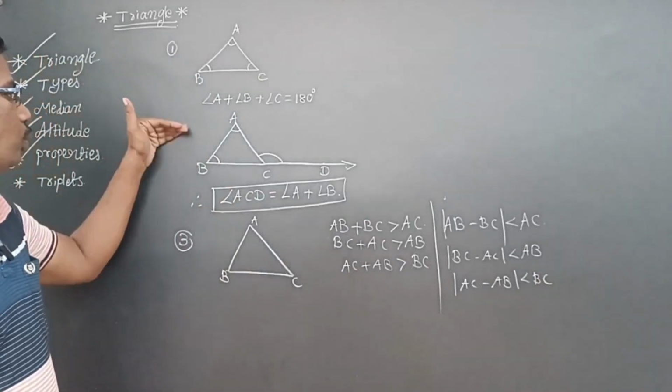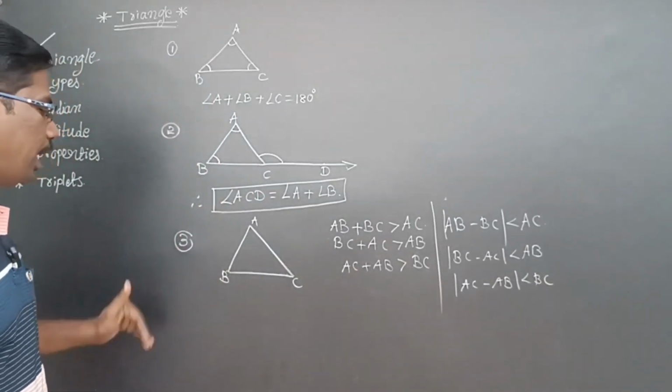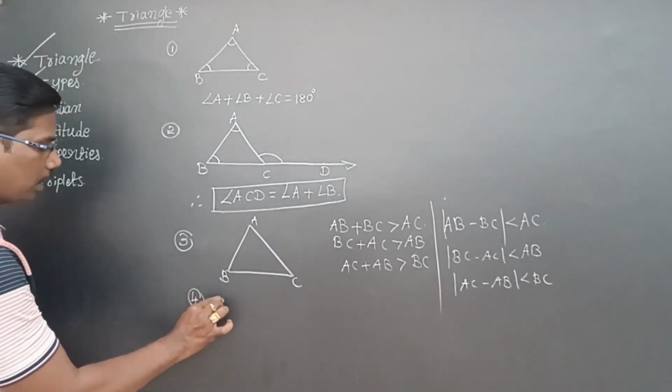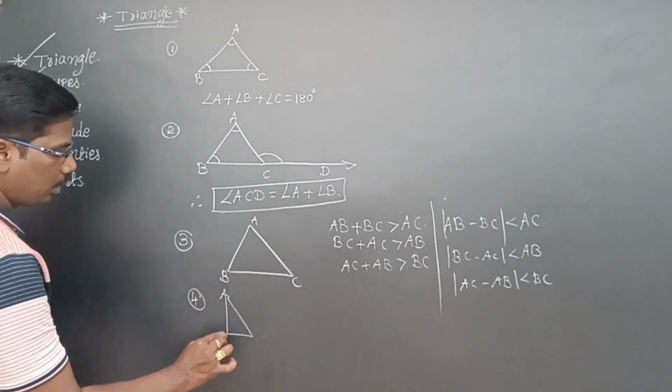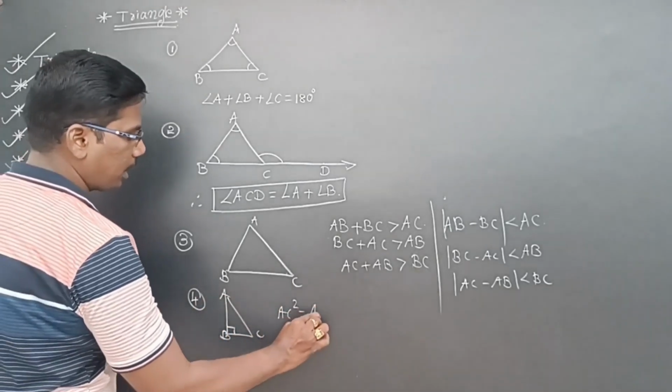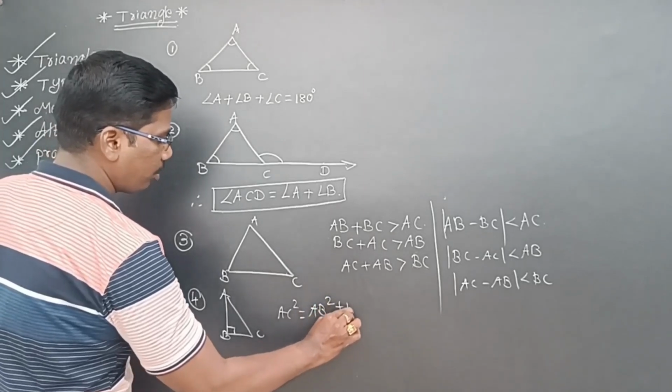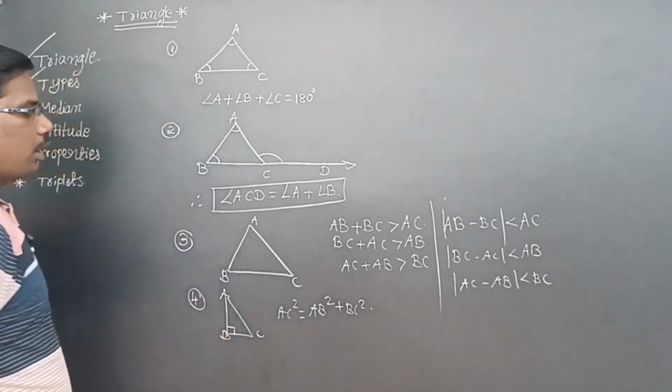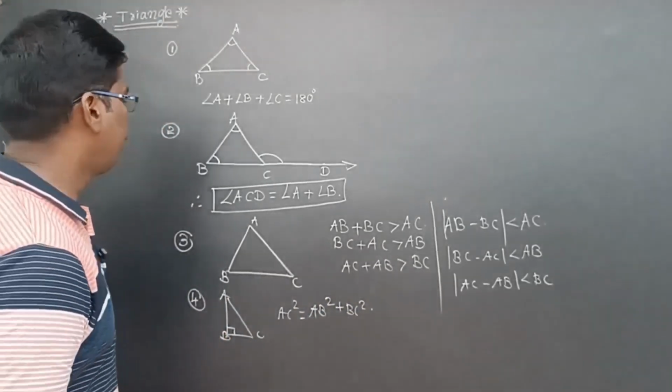So these are the three most important triangle properties, and the fourth one we have already discussed: in a right angle triangle, hypotenuse square is equal to side square plus side square. So these are the four important properties of a triangle.